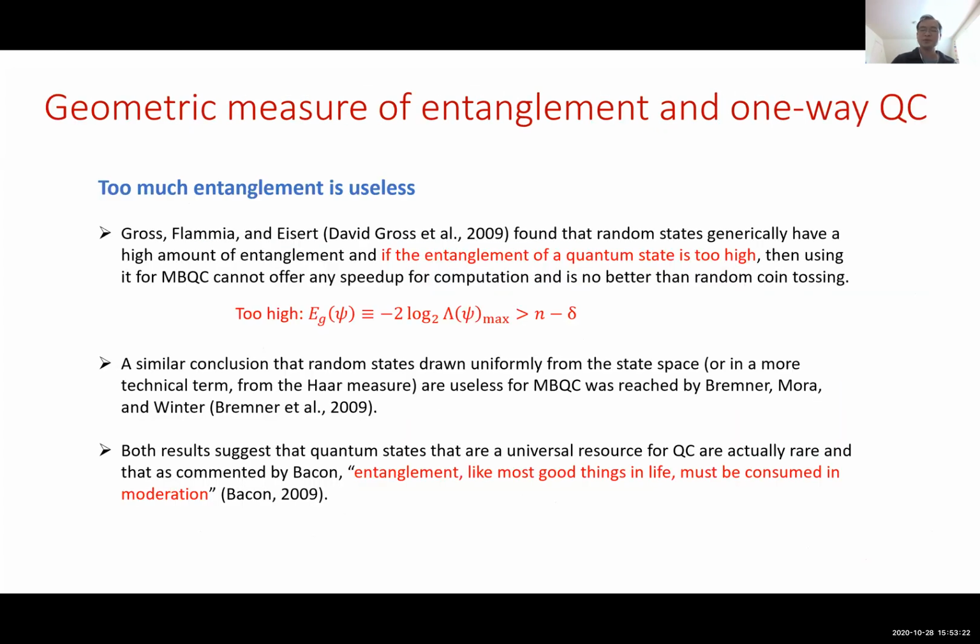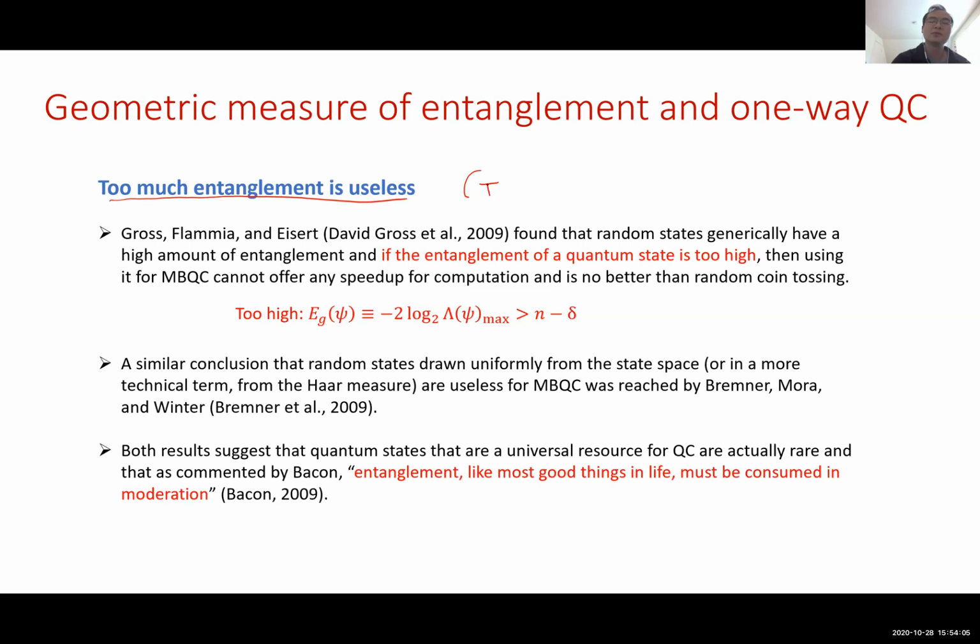I think I have a few more minutes, but I just want to mention, last time we talked about one-way quantum computer, and this geometric measure of entanglement actually is useful in some way to characterize whether a state is useful or not. But it turns out that using this entanglement measure, it was found that if you have too much entanglement, the state would not be useful for one-way quantum computer. Okay, so too much entanglement is useless.